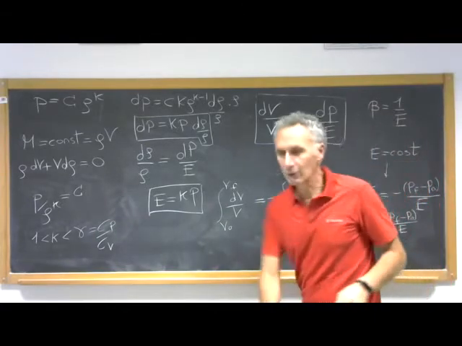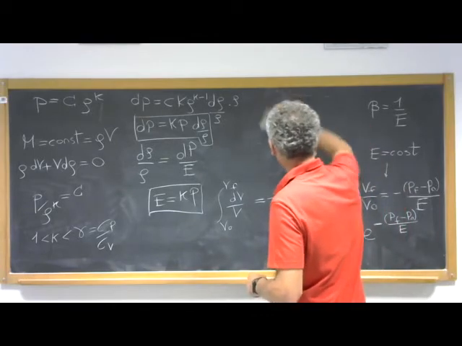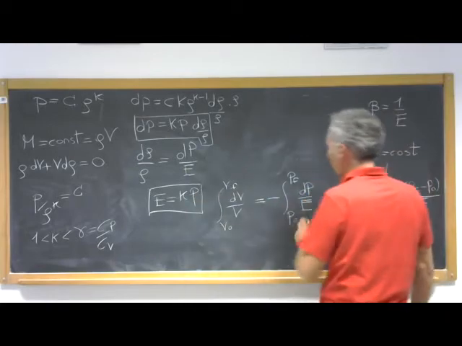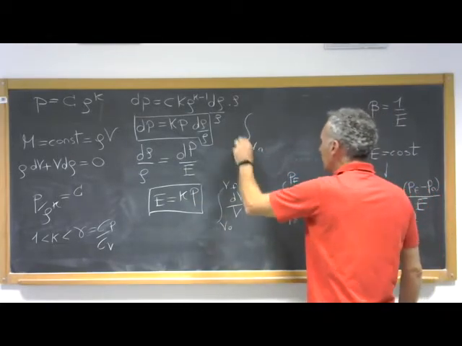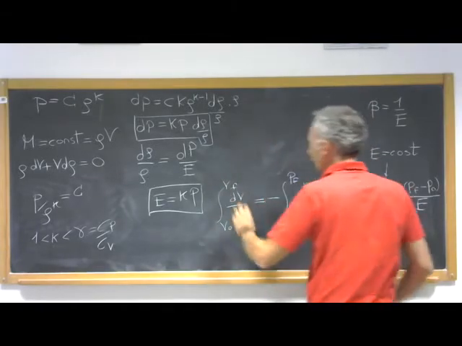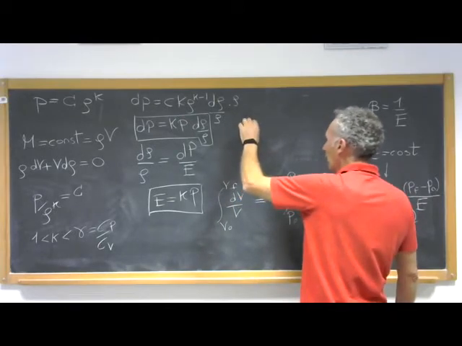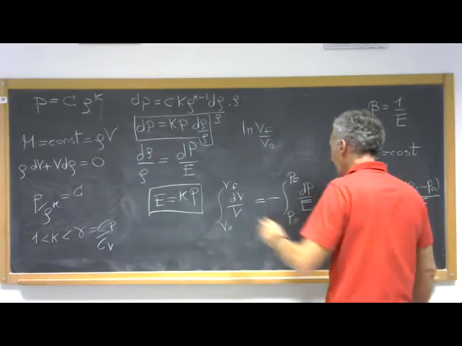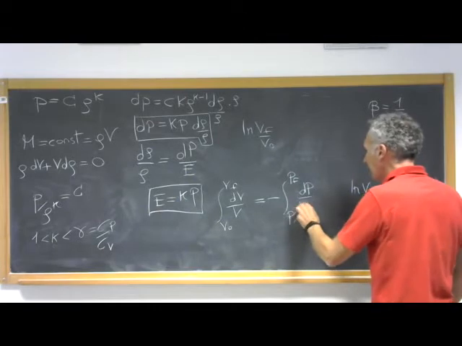Actually, it turns out to be even simpler, because what we can do now, we can integrate, assuming that we have a gas, so E is equal to Kp, and then we get V naught. The left hand side I can integrate right away, so this would be logarithm of V final over V naught, and this one, rather than E, would be Kp.